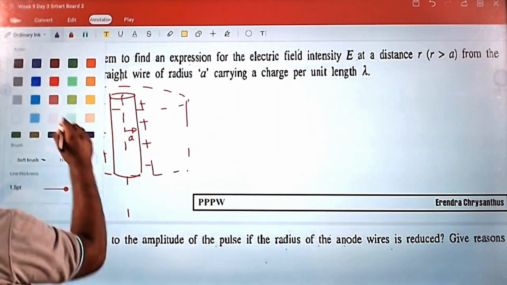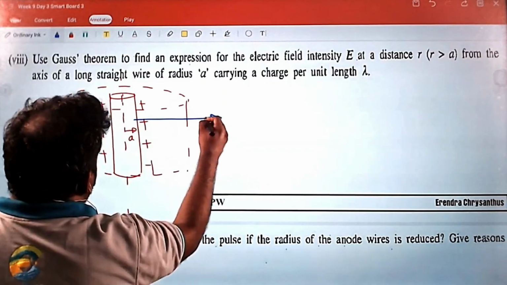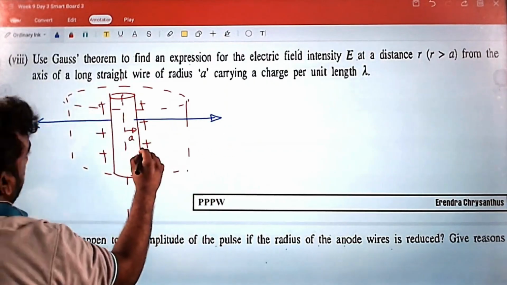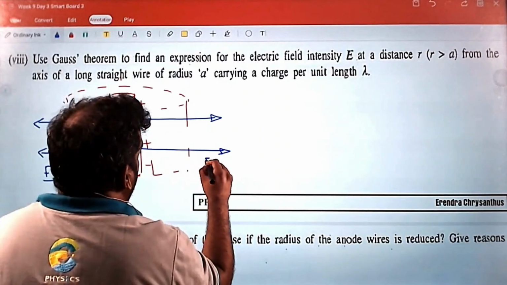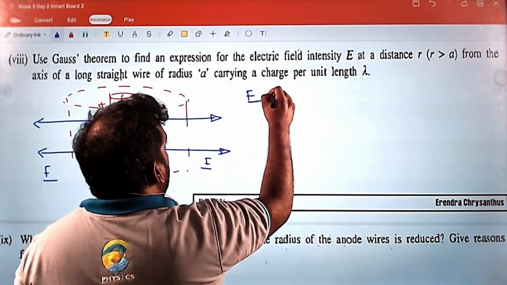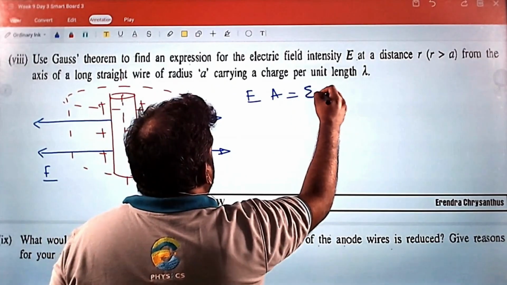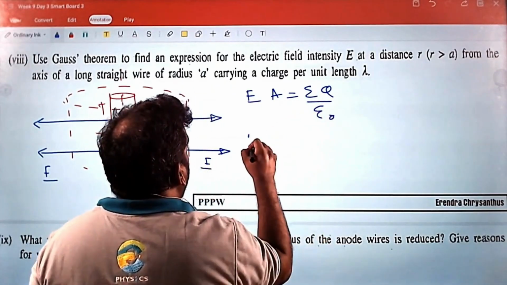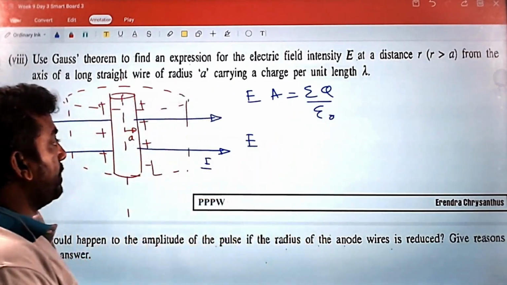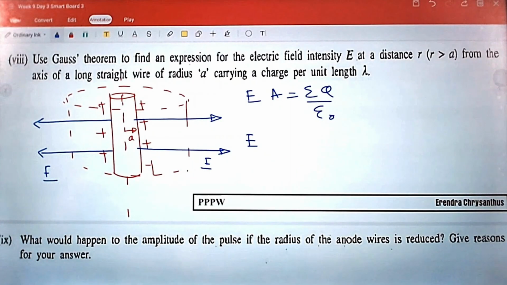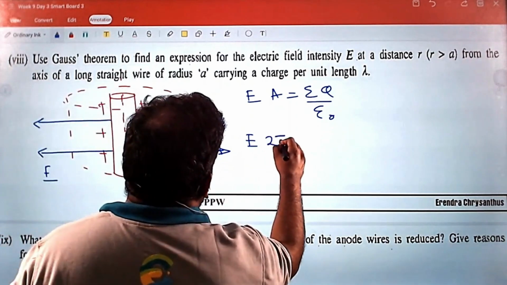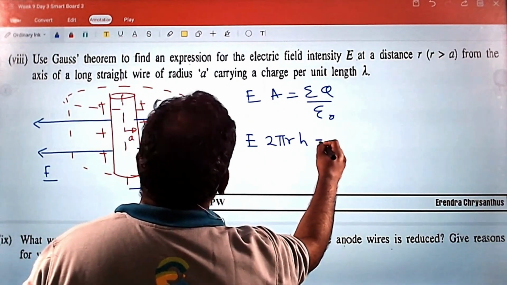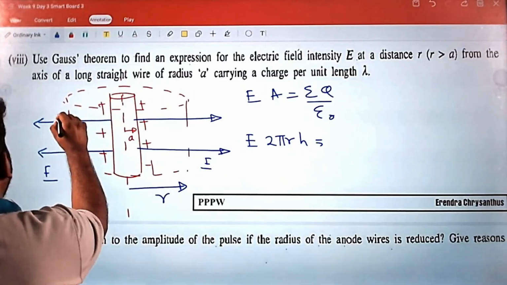Don't forget, electric fields will be traveling perpendicular to the surface. E times A equals the sum of charges divided by epsilon. Gaussian surface area is 2 pi r h, where the height is h.